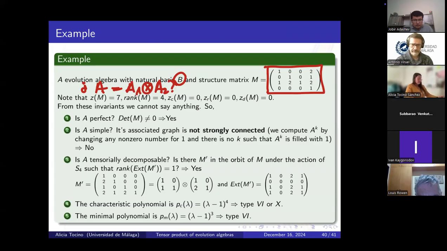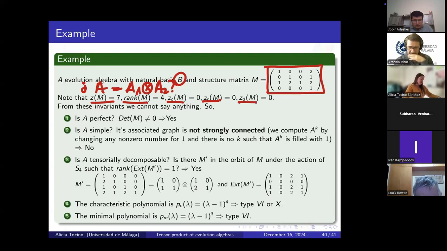I don't know. So first, we are going to count the number of zeros, the rank, the number of columns filled with zeros, the number of rows filled with zeros, and the number of zeros in the diagonal, and this does not give anything. So we have to go further.